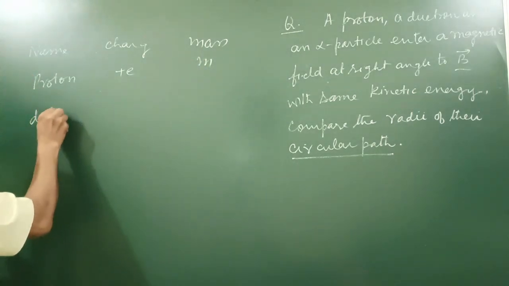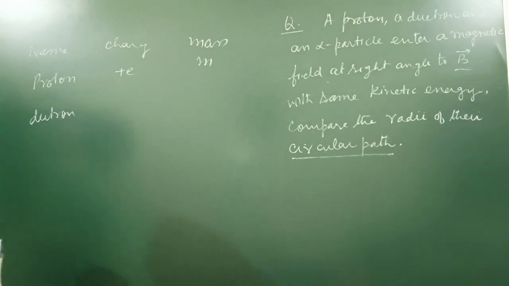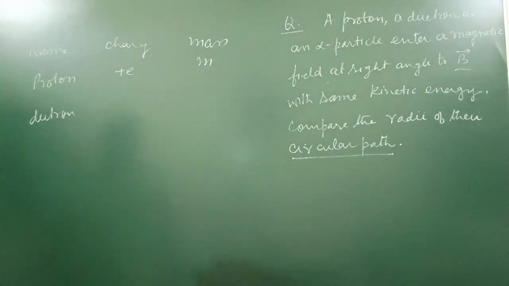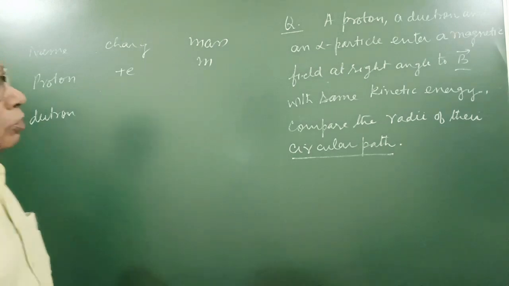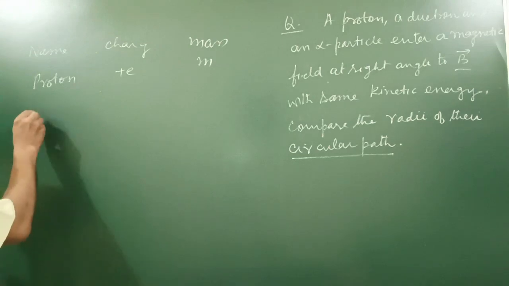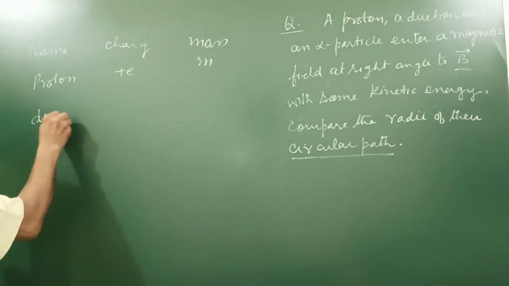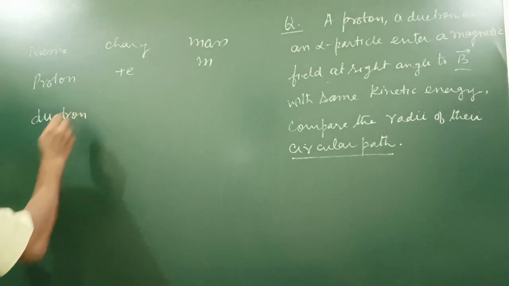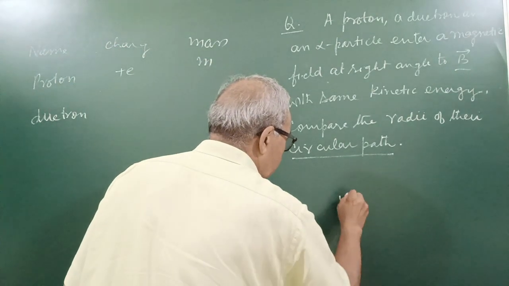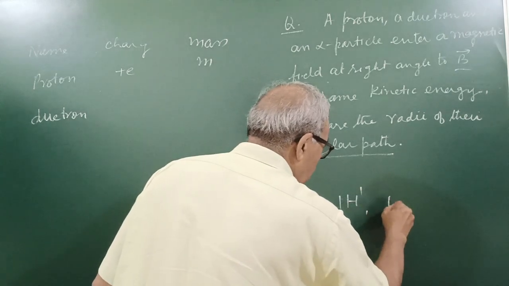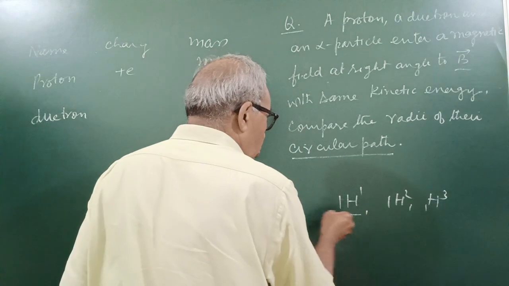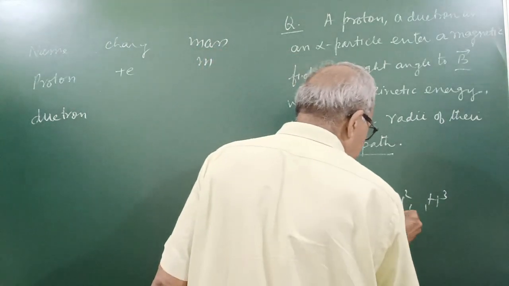Deuteron. What is a deuteron? Deuteron is the nucleus of deuterium. Hydrogen has three isotopes, 1H1, 1H2, 1H3, called protium, deuterium, tritium.